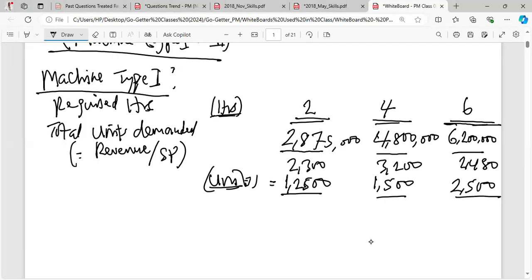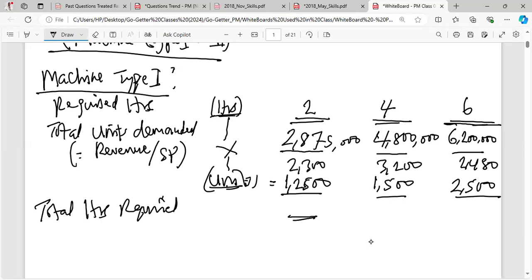Now that we have our units and the hours, you will now say total hours required. Total hours required. You will now multiply this multiplied by this. So you are going to multiply this multiplied by this.